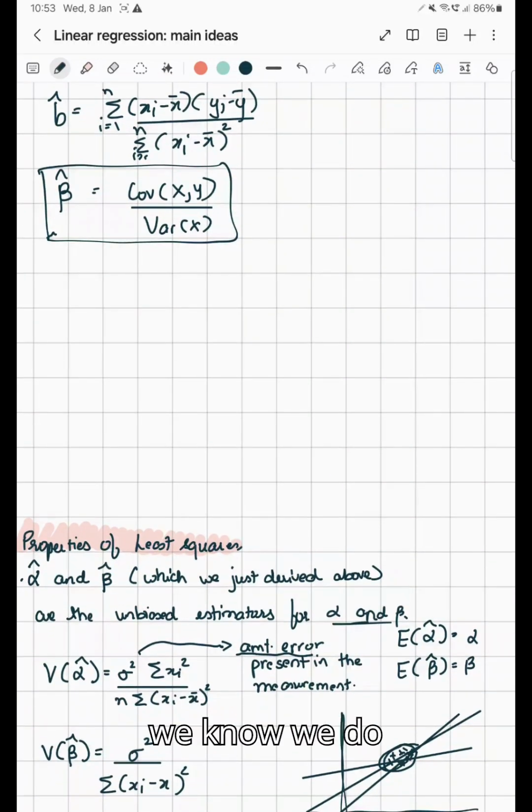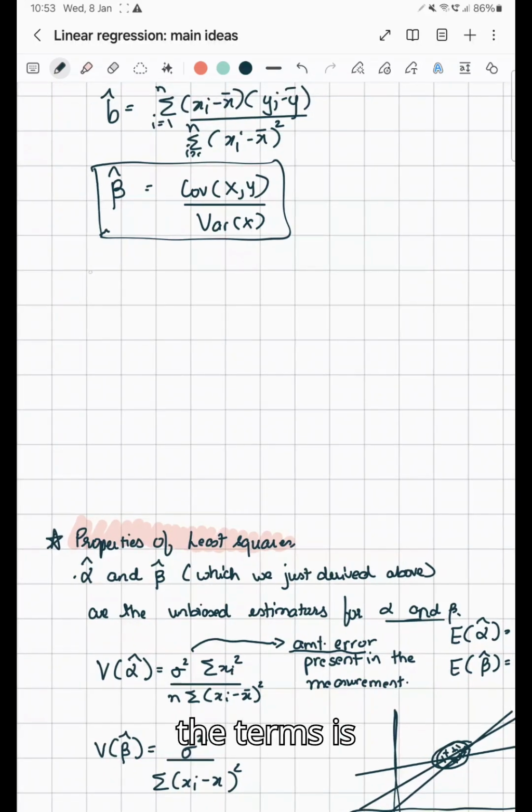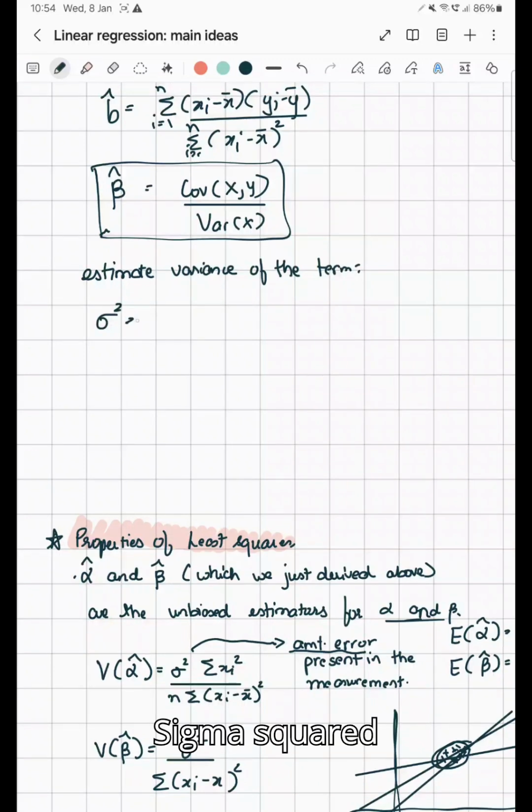And similarly, we have an idea of what the estimate of the variance of the error terms is. Estimate sigma squared, that would be 1 over n minus 2 times the sum of squared residuals.